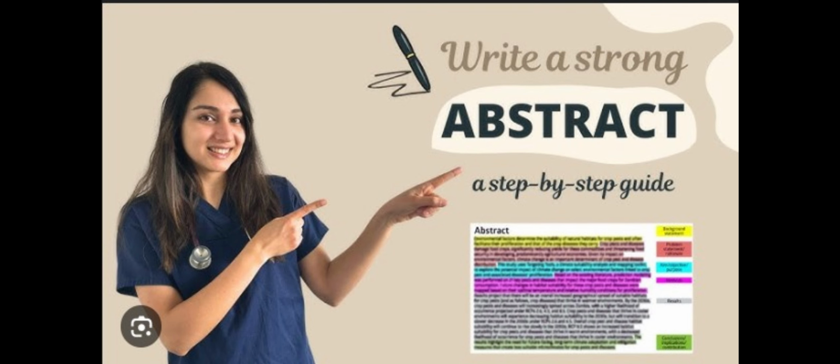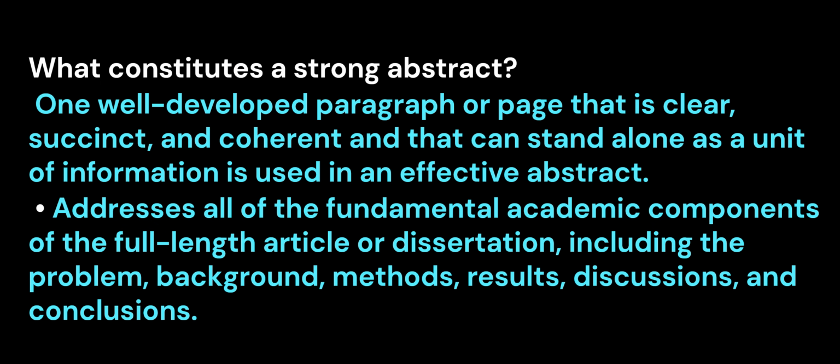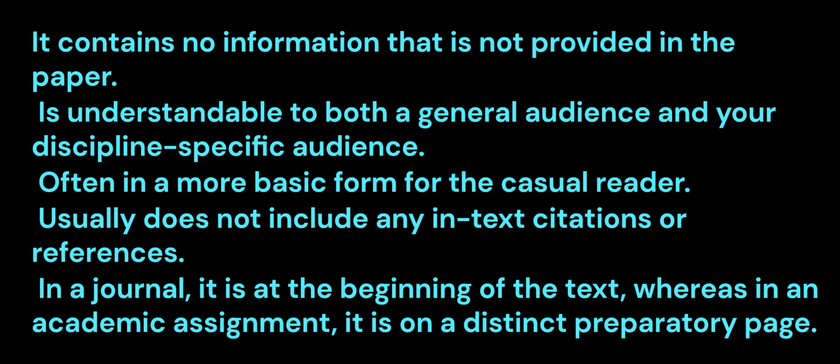What constitutes a strong abstract? An effective abstract is one well-developed paragraph or page that is clear, succinct, and coherent, and that can stand alone as a unit of information. It addresses all of the fundamental academic components of the full-length article or dissertation, including the problem, background, methods, results, discussions, and conclusions.